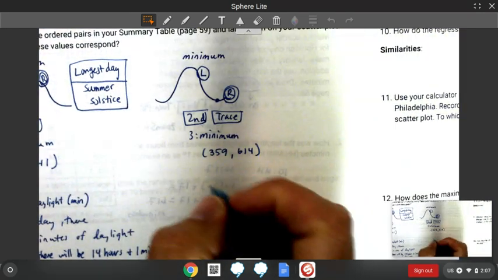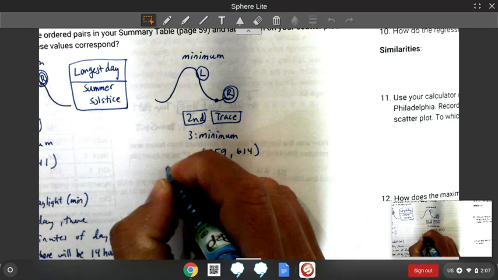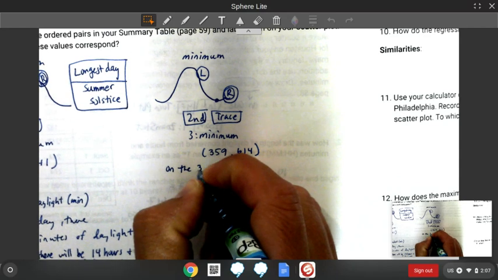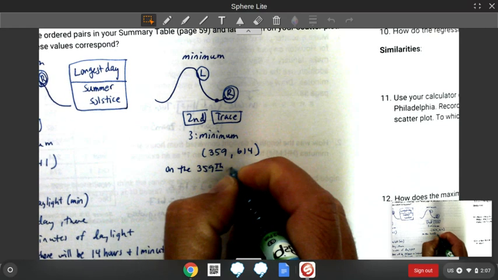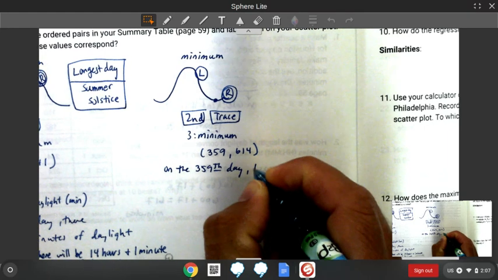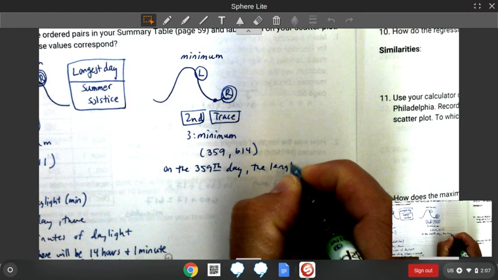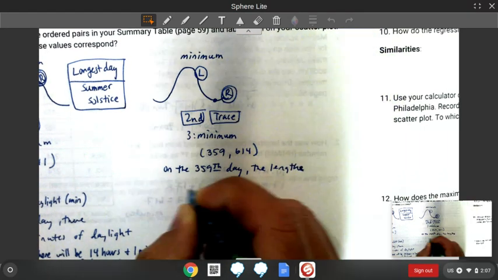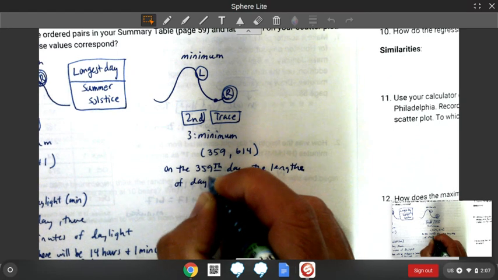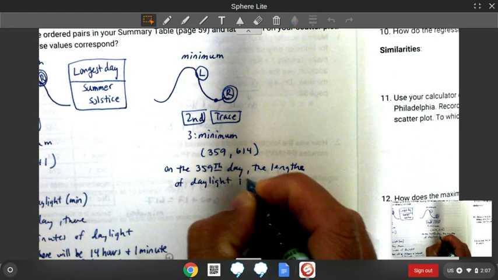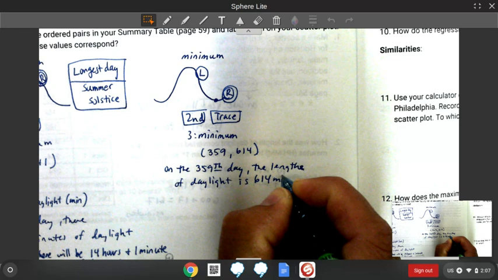So what that means is that on the 359th day, the length of daylight is 614 minutes.